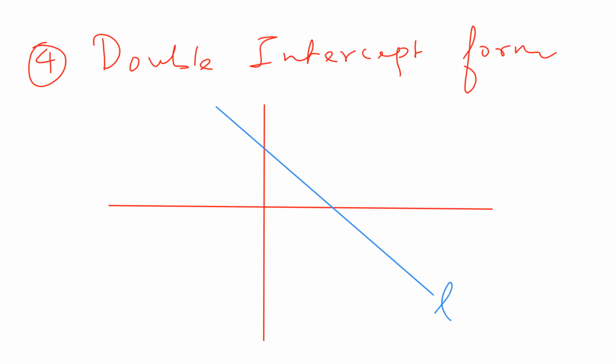So the x-intercept is nothing but the distance of the line from the origin to where it cuts the x-axis, which is a. x-intercept is a. So this point is 0 comma 0, this point is a comma 0, right? So x-intercept a is the distance between 0 comma 0 to a comma 0.